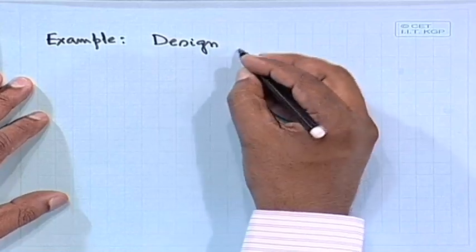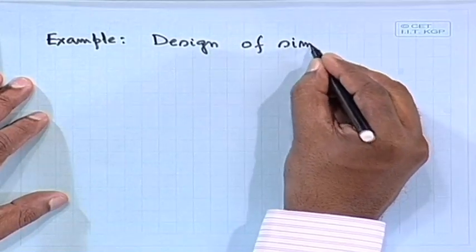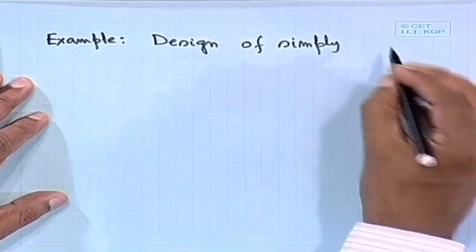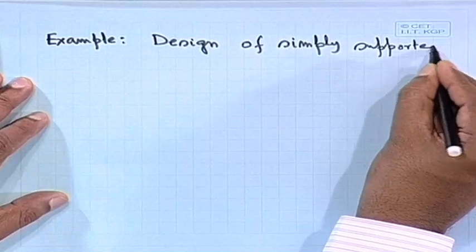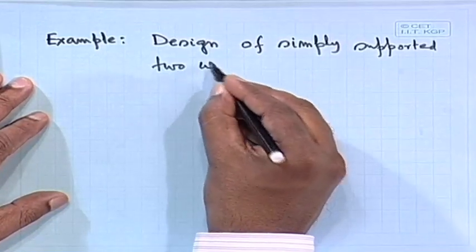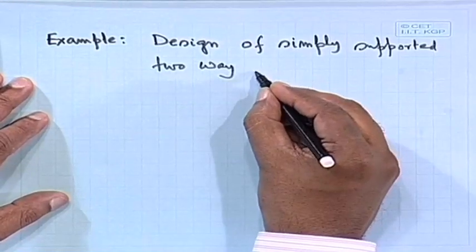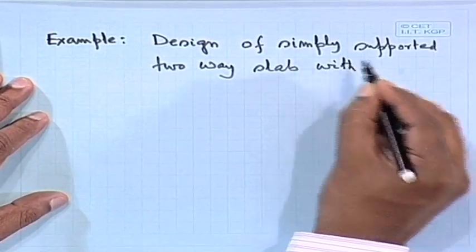Let us state the problem first. Simply supported two-way slab with UDL.